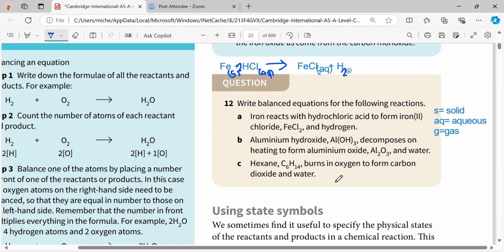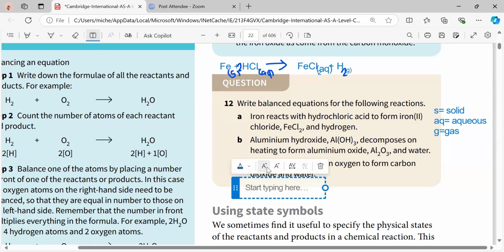Okay, we're going to go through this. We have hexane right here. The compound is already written, which is C6H14. So we're going to write it down. We're going to write the C. Okay, that's too small. I'm going to make the letter bigger.